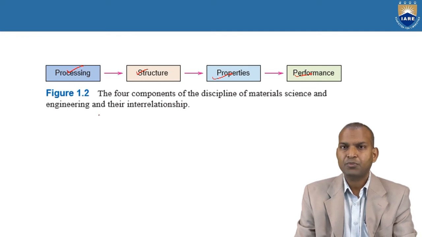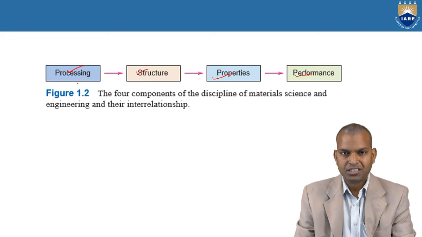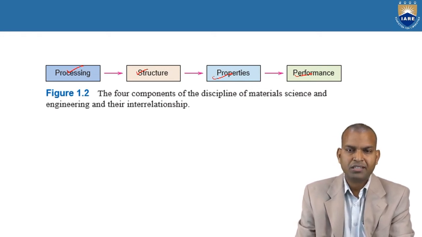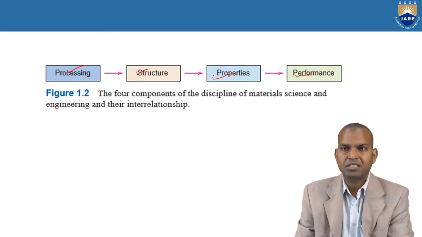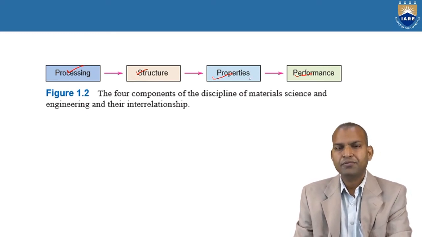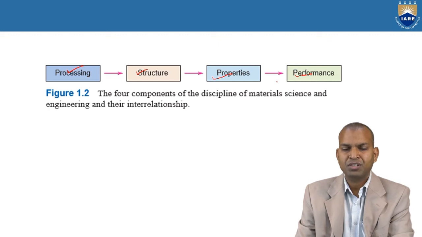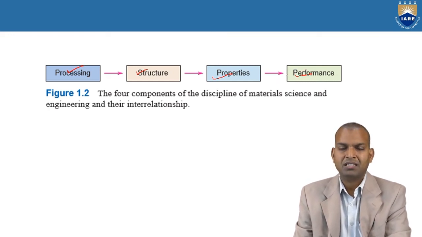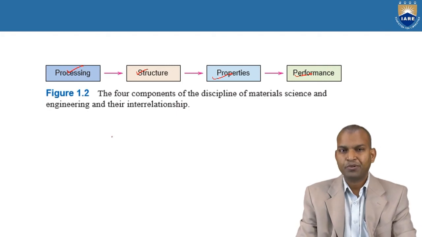If you are studying the processing of materials, that comes under materials science research. If you are studying the structure of materials, it also goes to the materials science branch. Next, properties of materials come under the discipline of materials science and engineering. Performance means optimization of a particular property.